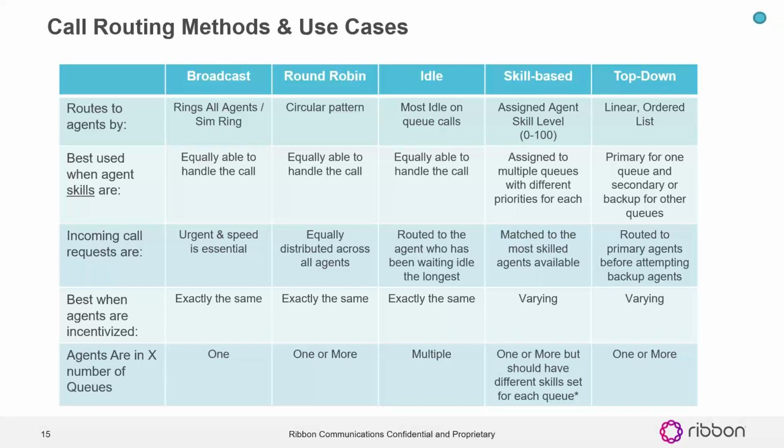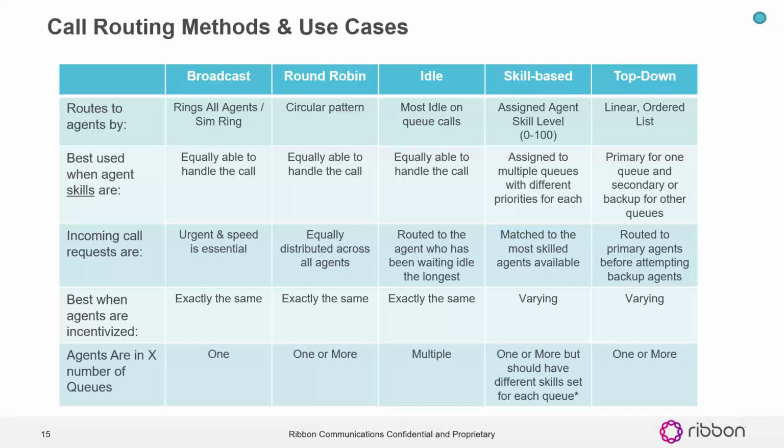And top down, again, those at the top of the list have more skills than those at the bottom. Now, if you also look at this across the board based upon the incoming call request, how important is it? Is this super emergency, like 911 kind of stuff, to get these calls answered? Then let's look at that.